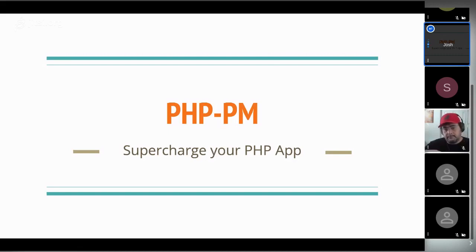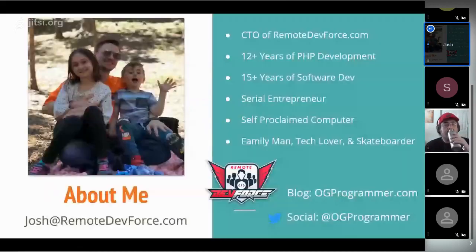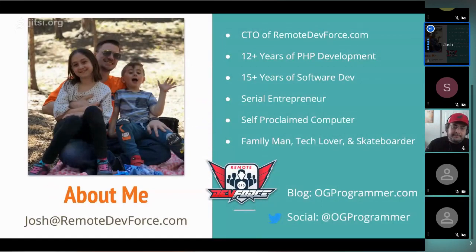So before we get too much into exactly what it is, let me just go over who am I. My name is Joshua Copeland. I'm the CTO of Remote DevForce. It's a software development shop. We do freelance PHP development. I've been running that now for about 5 years. And I've also been developing in PHP for 12 years and just software development in general for a little over 15 years.